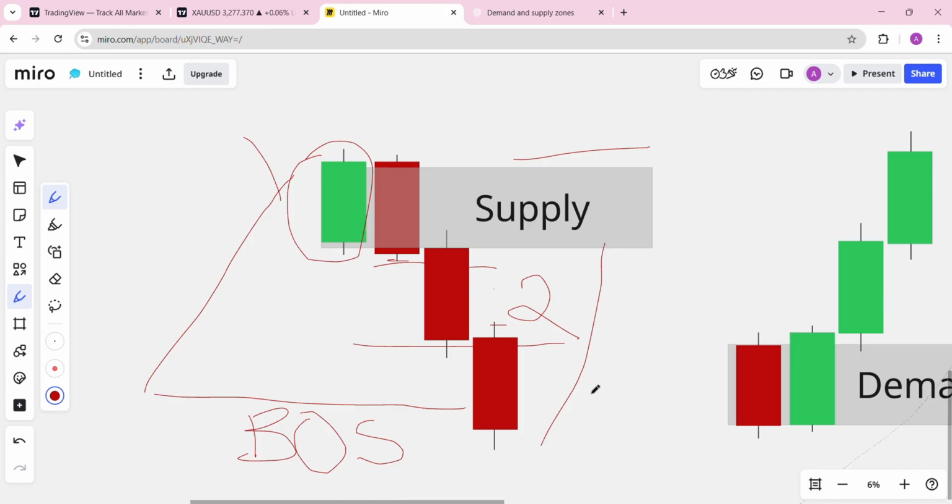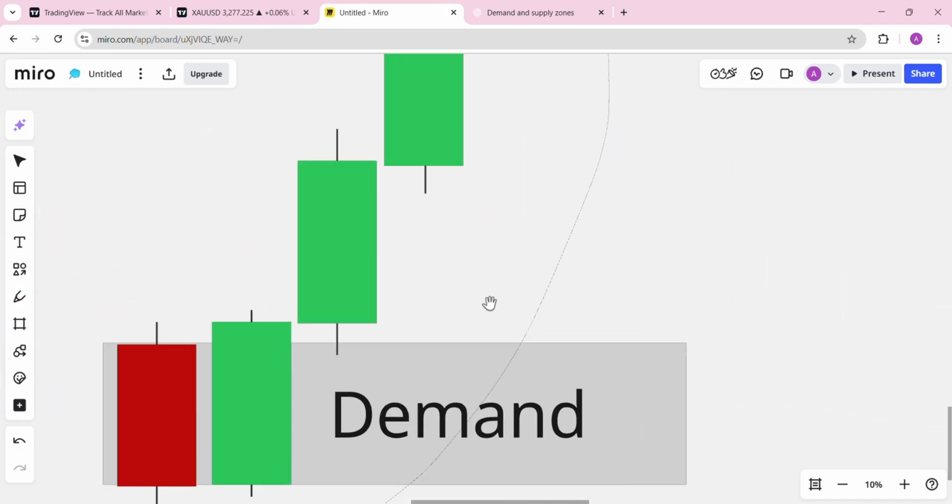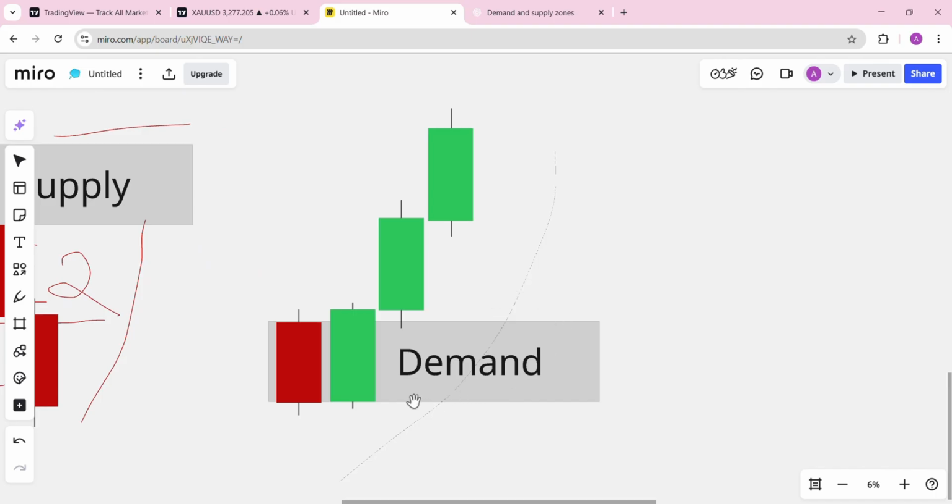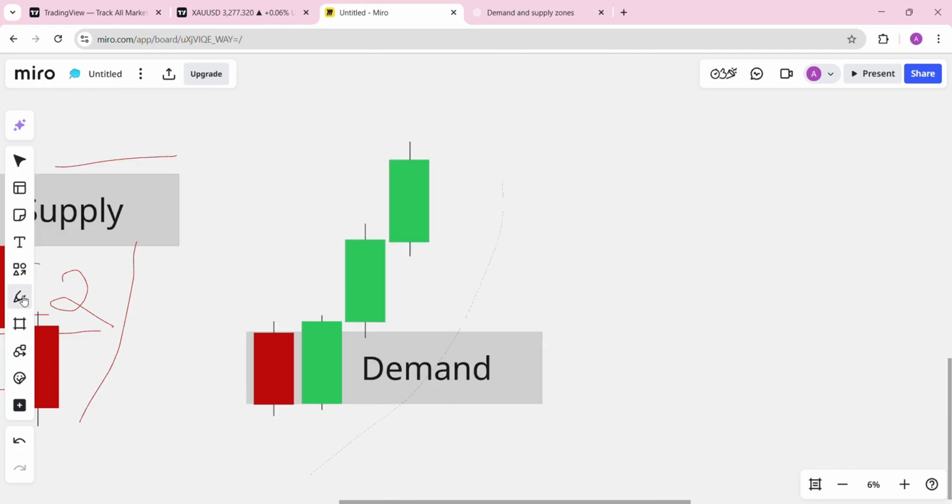The story is still the same for the demand zone, just that in this case we are marking it from the last bearish candle. For the demand zone, you want to mark the last place where institutional buyers are putting large buy orders. So institutional traders are putting large demand orders, and so it forms a great movement to the upside.